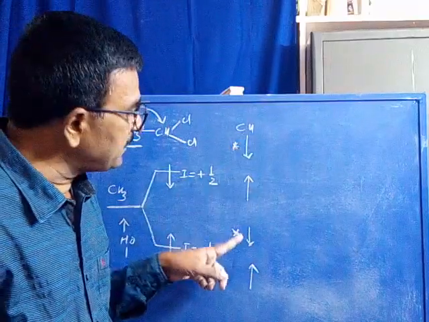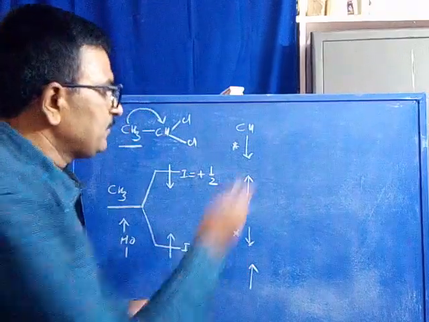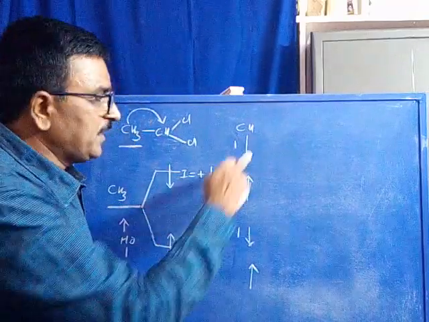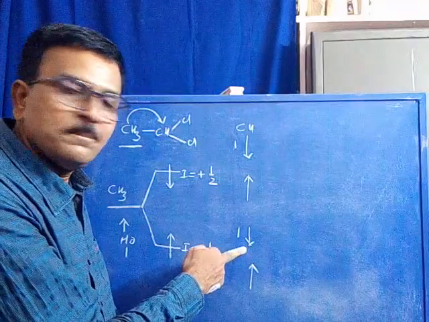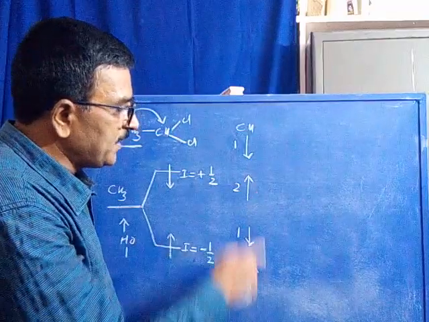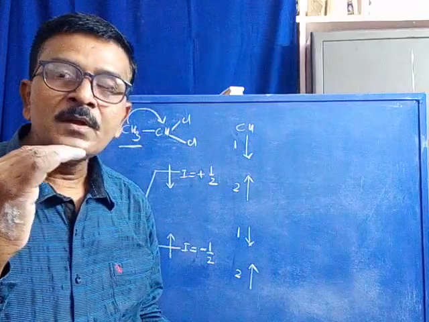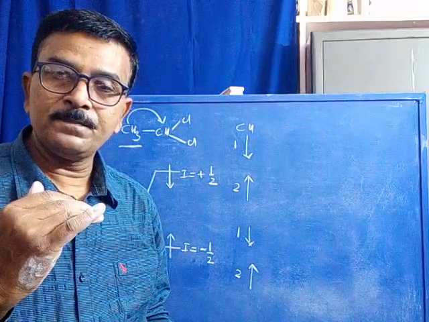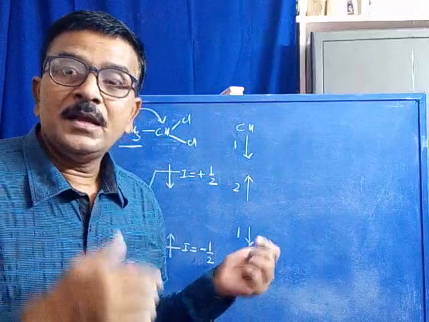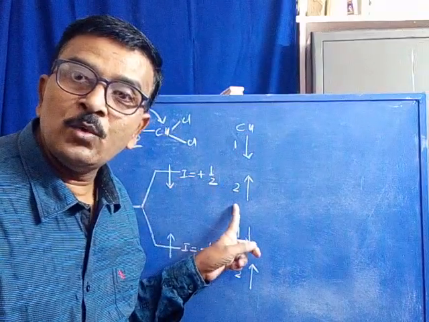This is the first orientation for CH, and this is also the first orientation. This is the second orientation for CH, and this is also the second. Is it clear? So when CH3 is coupled with the CH proton, the CH proton is oriented in two ways.